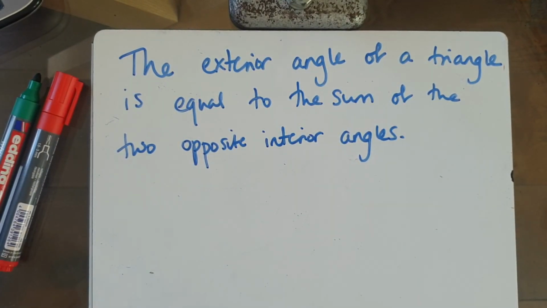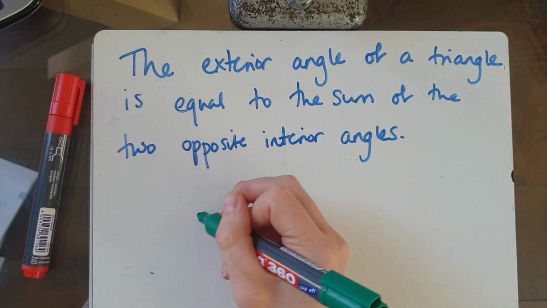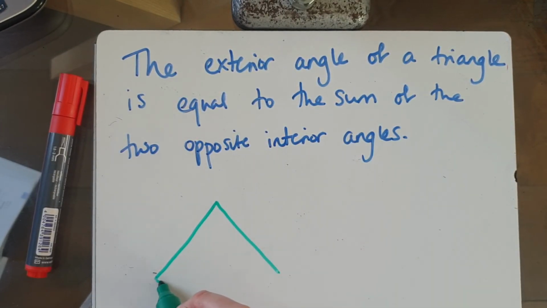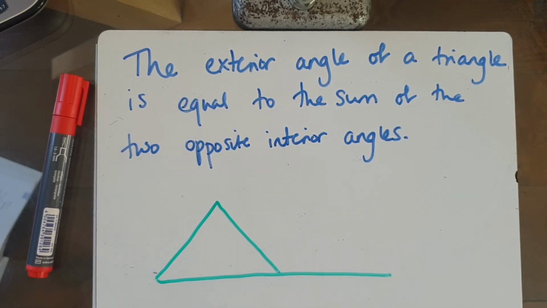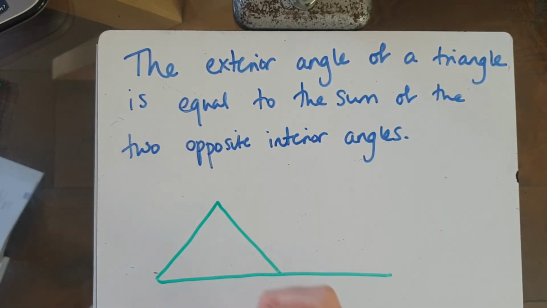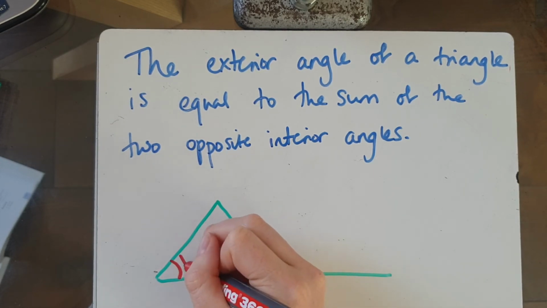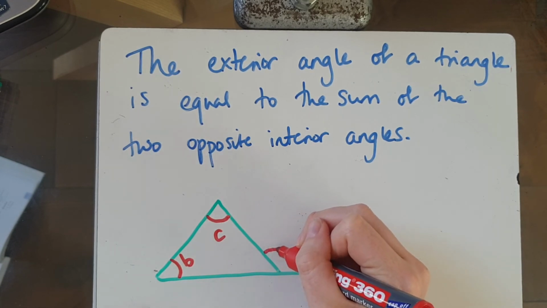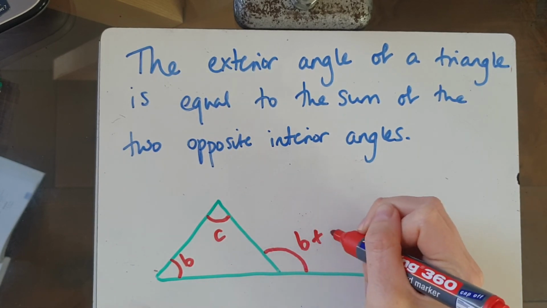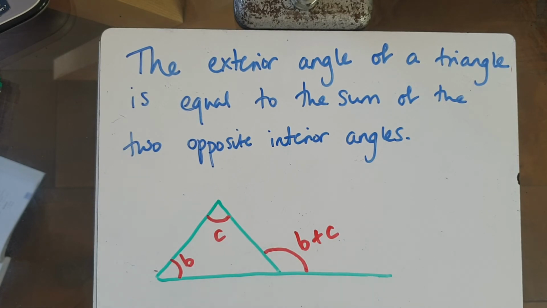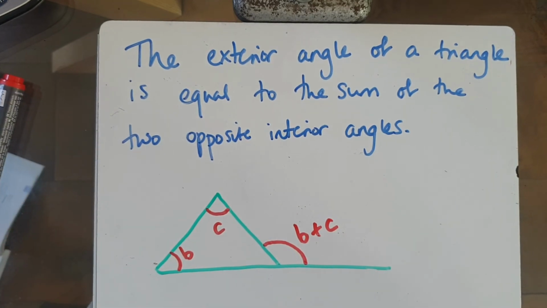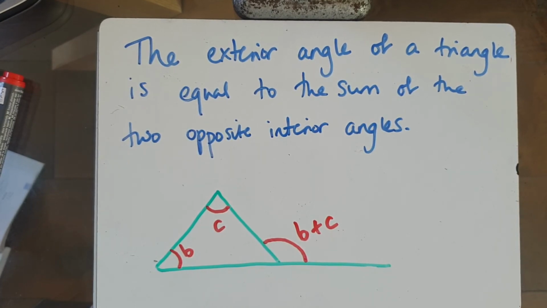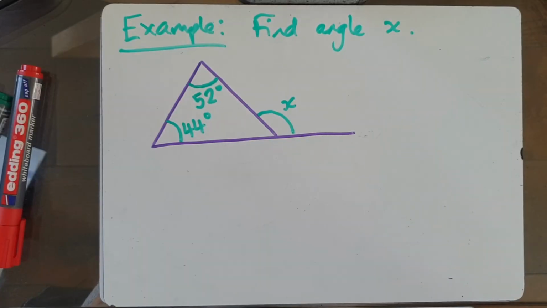And we're going to draw a diagram just to represent that. So if we've got B and C here, then this exterior angle will be B plus C. So make sure you've got that written in your books. I'm going to move on now, so pause the video to write it down if you need more time.